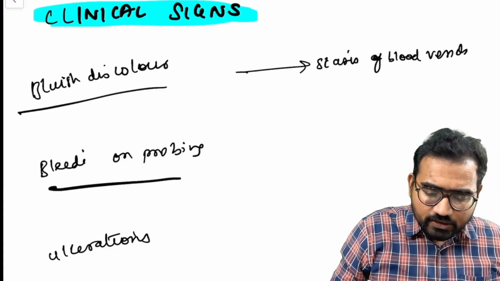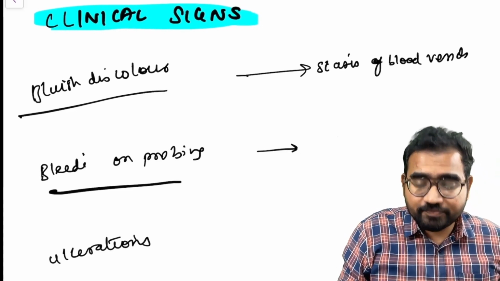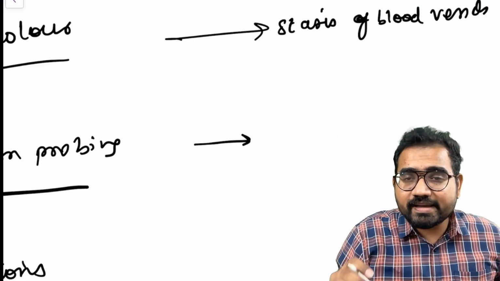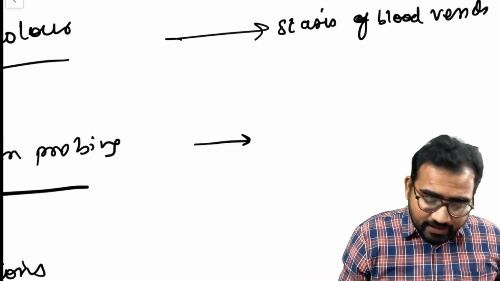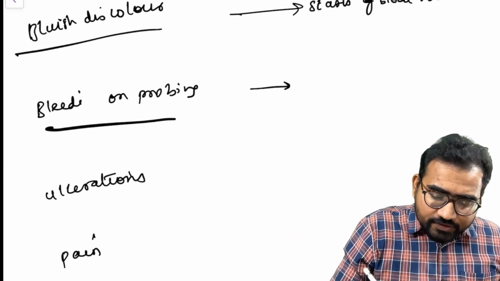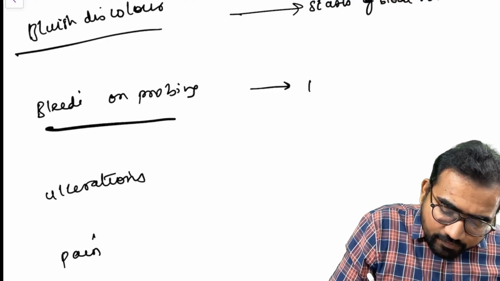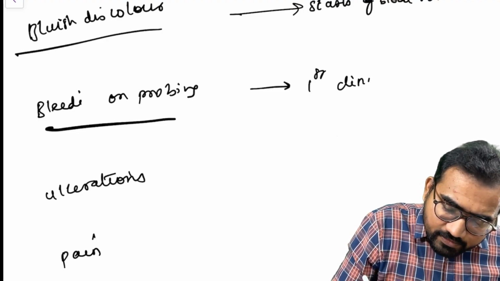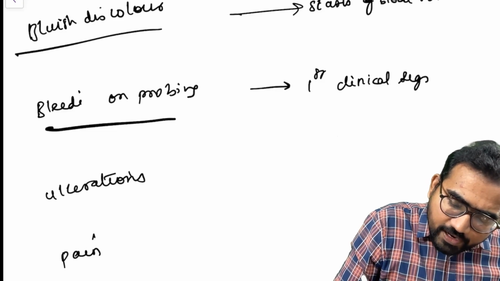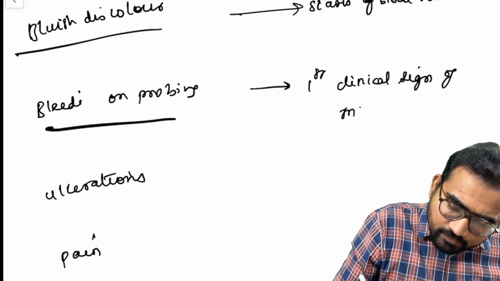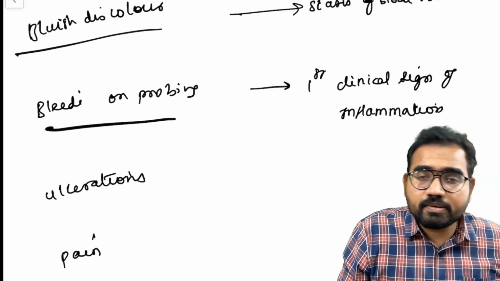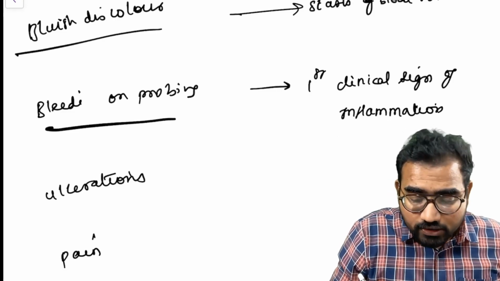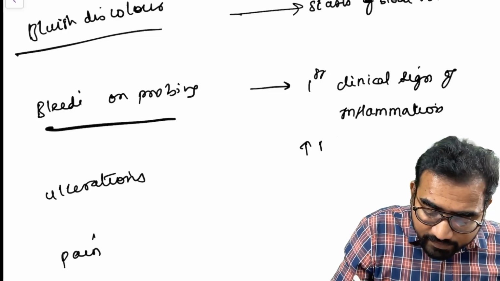Bleeding on probing is because of the various areas of hemorrhage because of the ulcerations, and also there is going to be the first clinical sign of inflammation. So the first clinical sign of inflammation will be bleeding on probing, because there will be increased blood vessels.